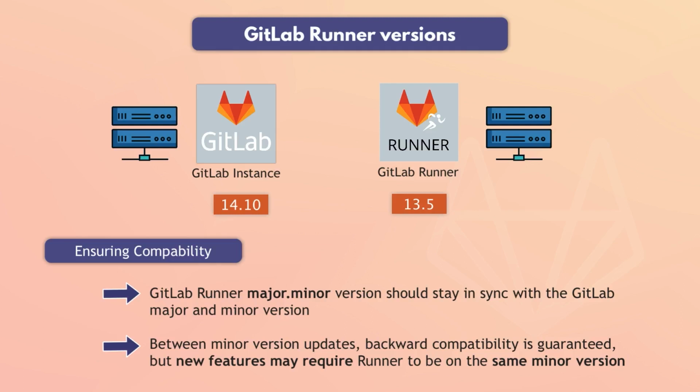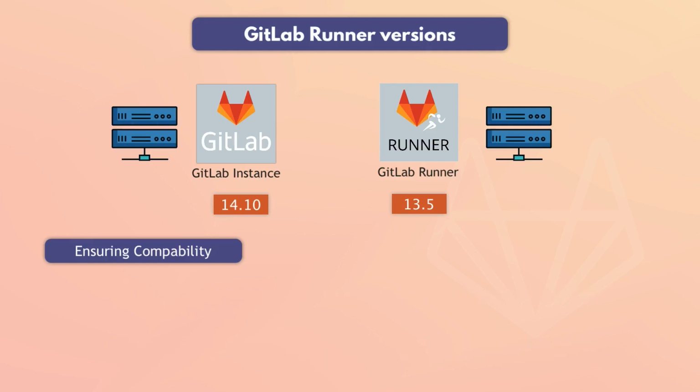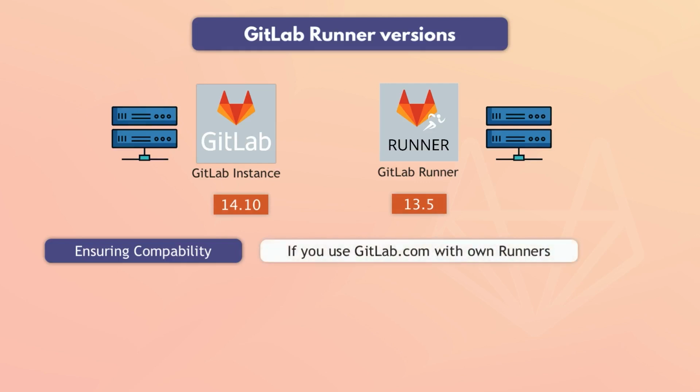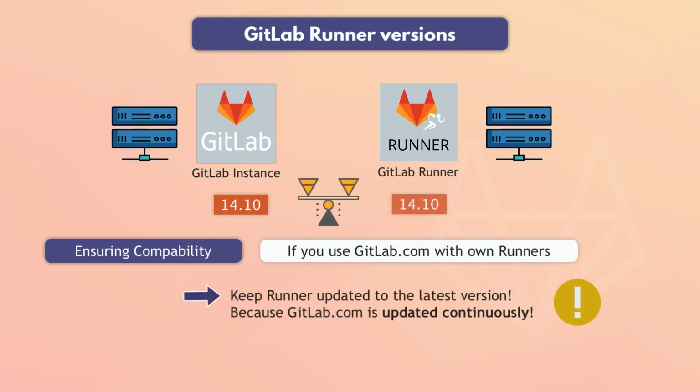But again, it could be that in a minor version update, a new feature gets added to GitLab that can only be executed and used on a GitLab runner with the same minor version. So on an older GitLab runner, you will not be able to use this feature. And again, for the scenario where you use gitlab.com and you have your own self-managed runners, GitLab suggests keeping the runner updated to the latest version because gitlab.com also gets updated continuously.